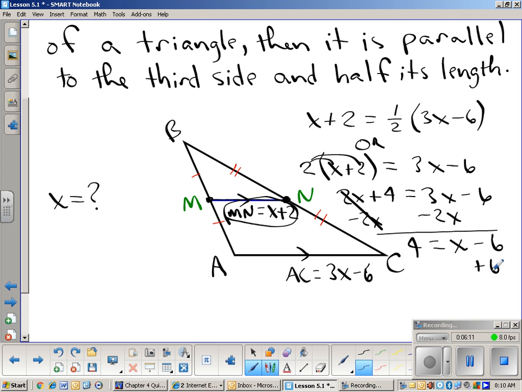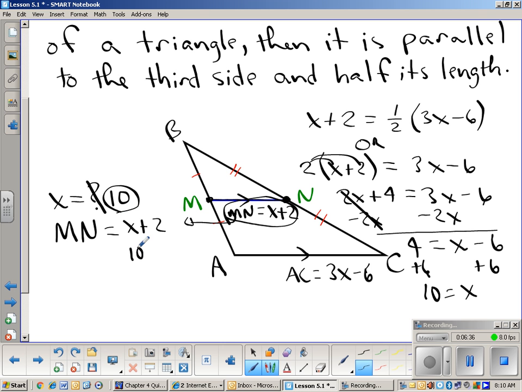Now if we add 6, like Silas said, what's x equal? 10. So we know this now is 10, what if they said, what is MN? What is it? 12, because MN is x plus 2, x is equal to 10, so 10 plus 2 is 12.